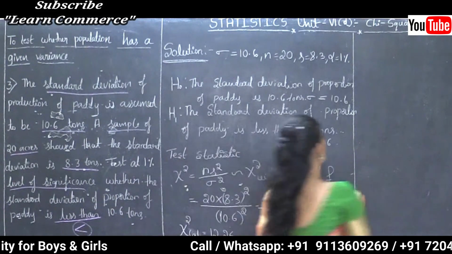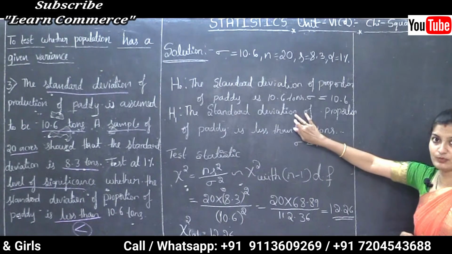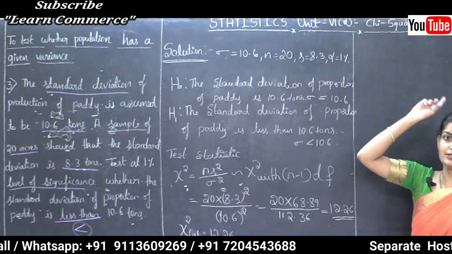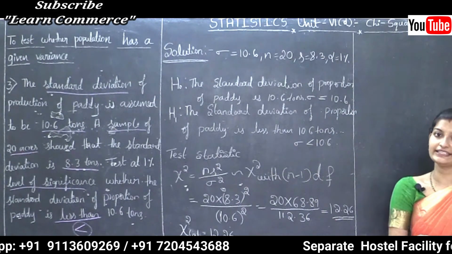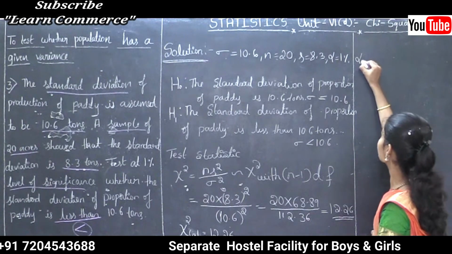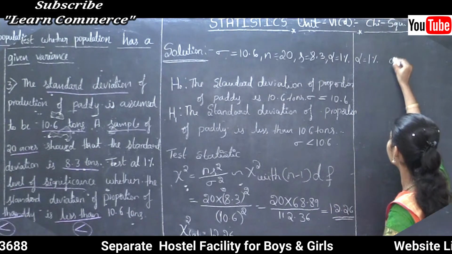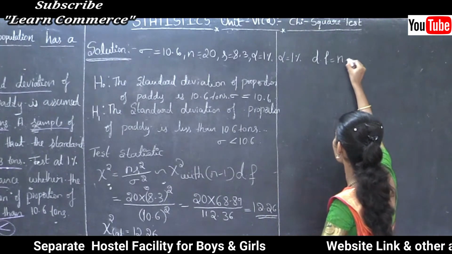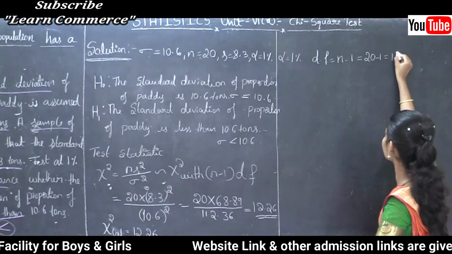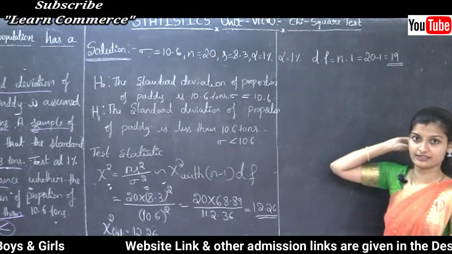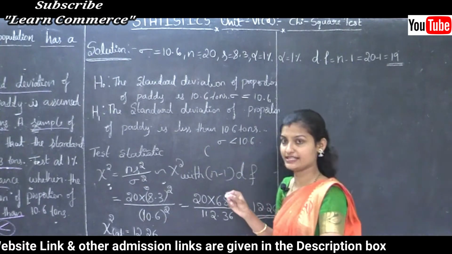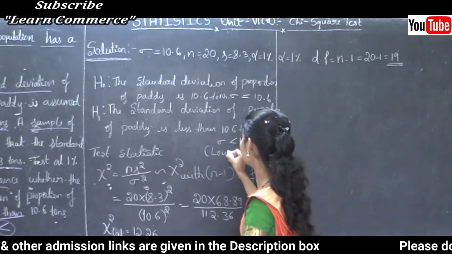Then step 4: based on the alternative hypothesis, degrees of freedom and level of significance, using these terms we can find the critical value. Critical value is nothing but the table value. Here alpha is 1% and degrees of freedom is n minus 1, so n is 20, 20 minus 1 is 19. Here this is a less than type, which means this is a left tail test, or we can say lower tail test.